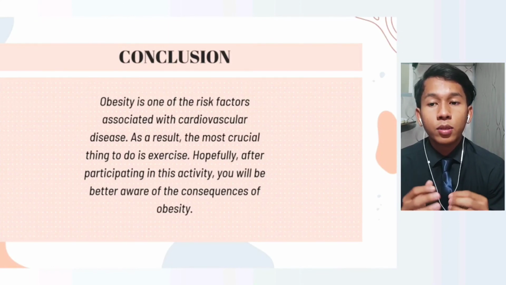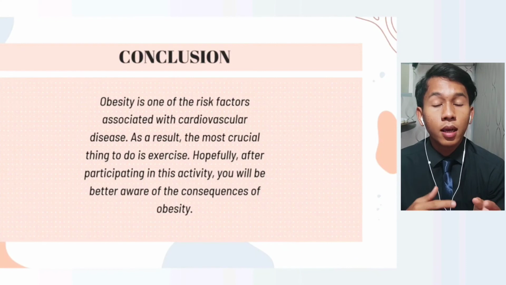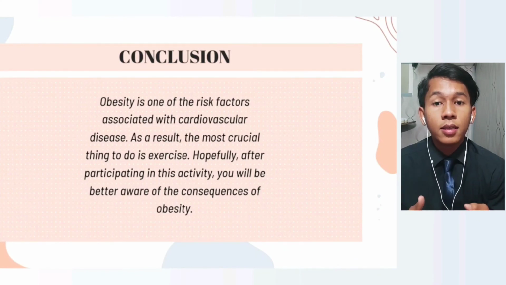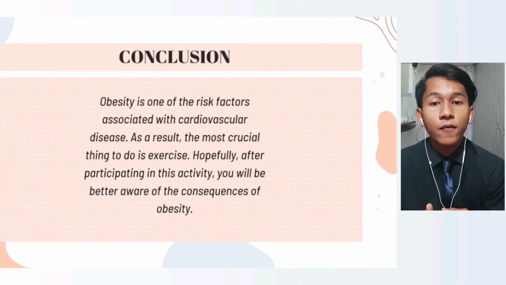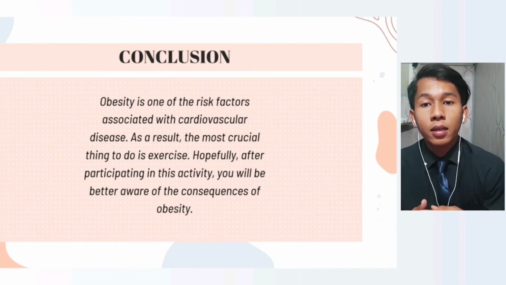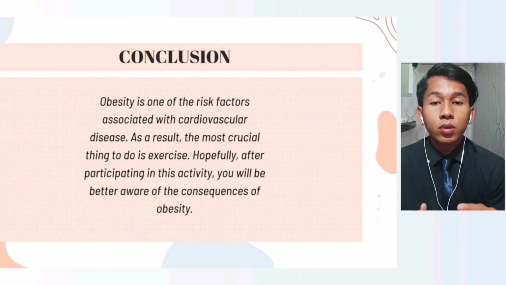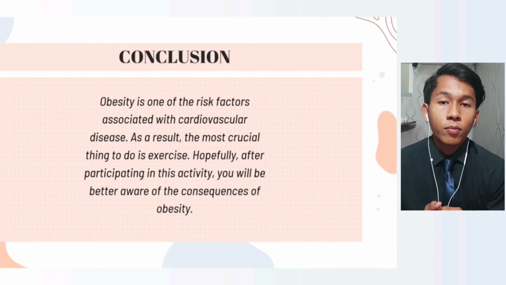But the most important thing other than having a good diet plan is to do exercise and physical activity to help them stay healthy and decrease their risk of having cardiovascular disease. So that's all from our group.